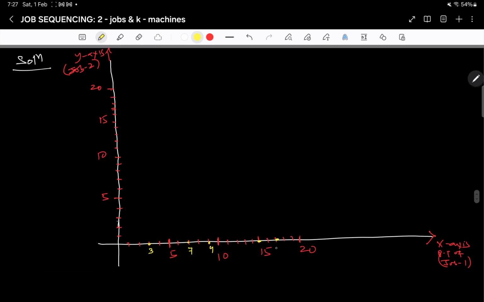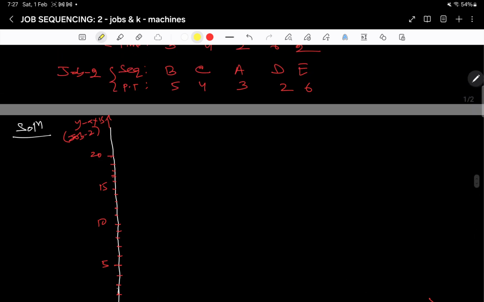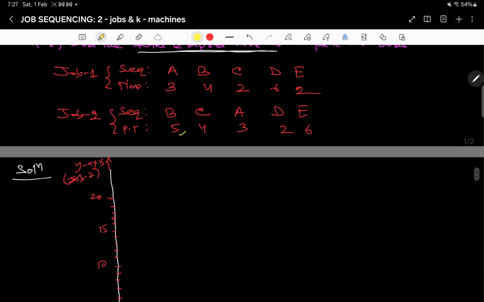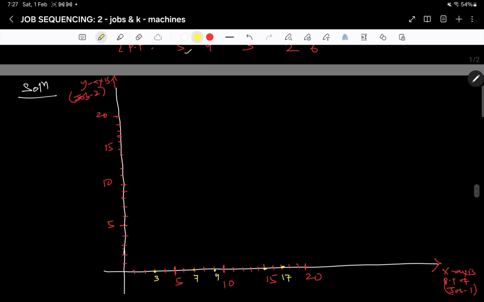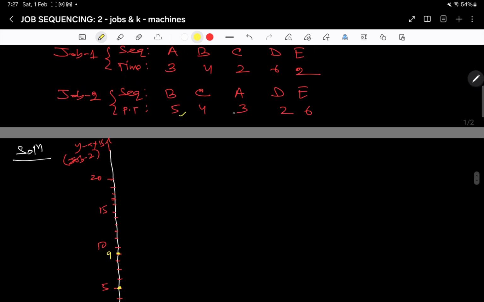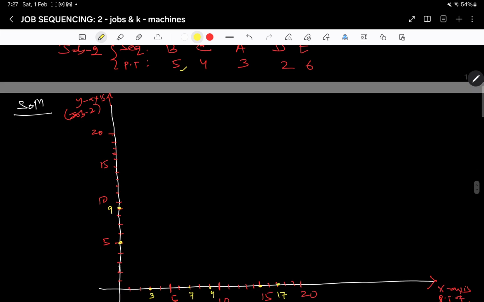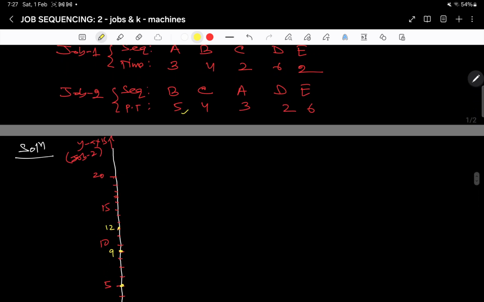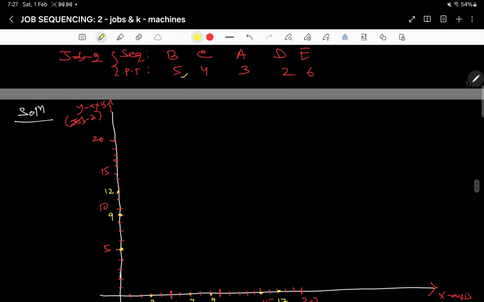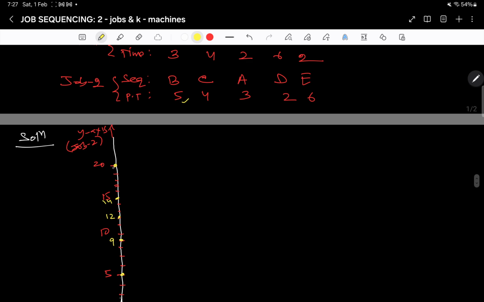And here you mark 5, plus 4, 9, then plus 3 is 12, then 2, 14, then 6, 20.